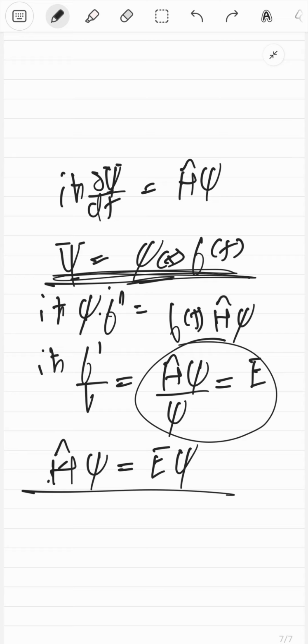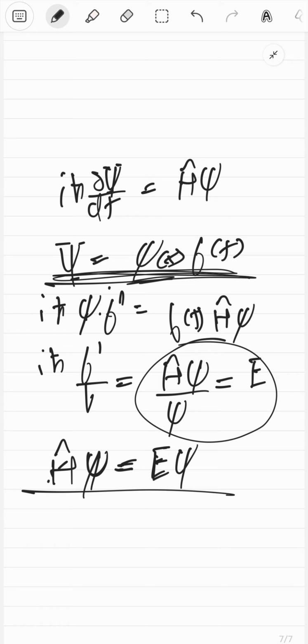So a solution like that is a separable solution. For any separable solution, what you can say is that h hat, some operator applied on the wave function, the solution basically, gives the energy, which is some value, times psi.